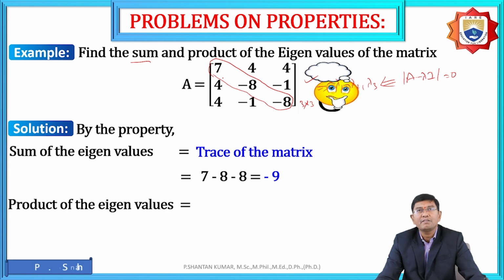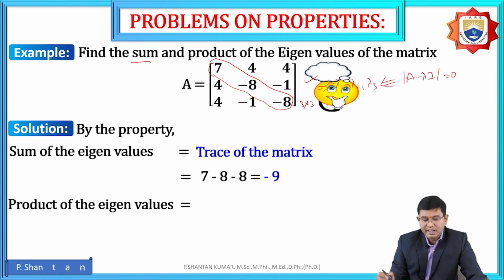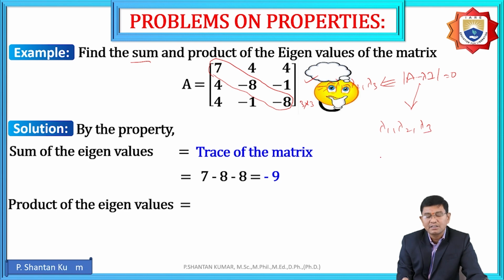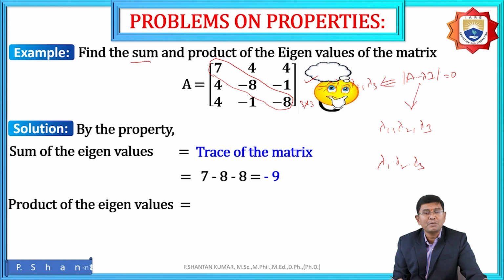And the product of the eigenvalues: whatever the characteristic equation gives, we need to find lambda 1, lambda 2 and lambda 3. By the property, the product of the eigenvalues is equal to the determinant of the matrix.